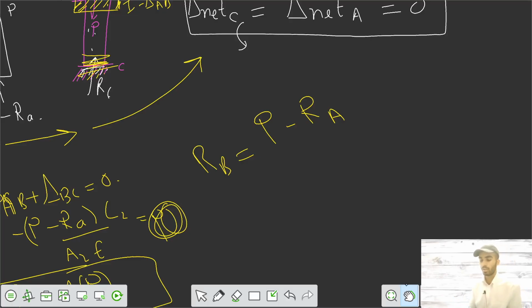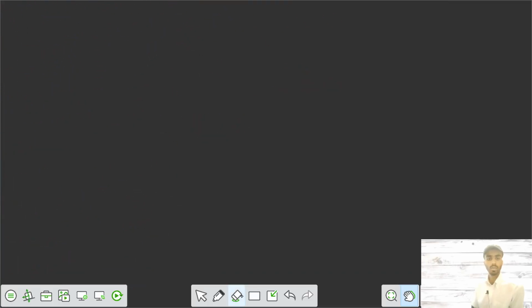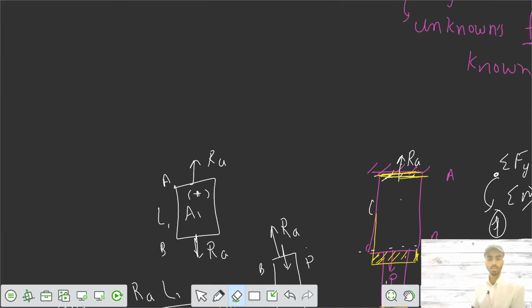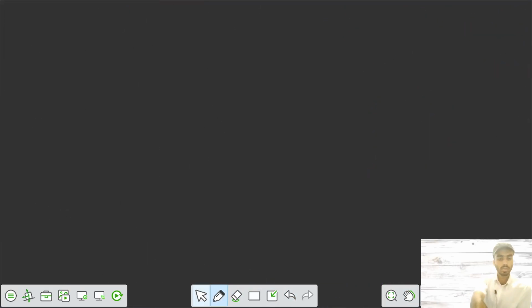Let's take one question on this. You have a prismatic bar, that is, area of cross section is constant, between two rigid walls.